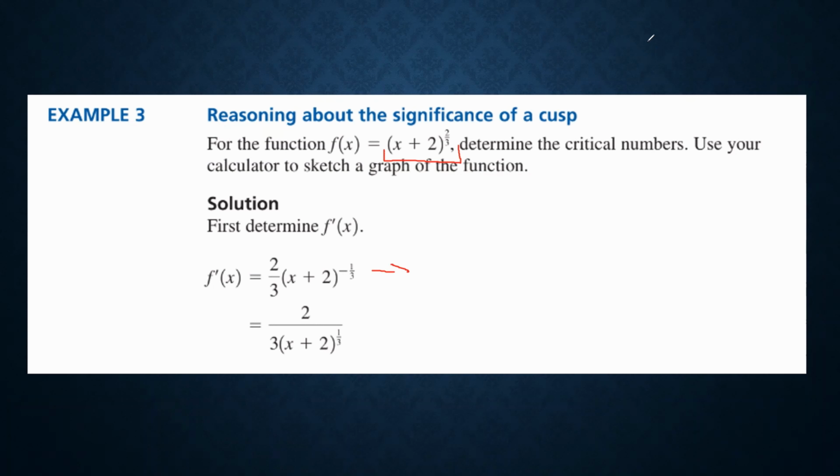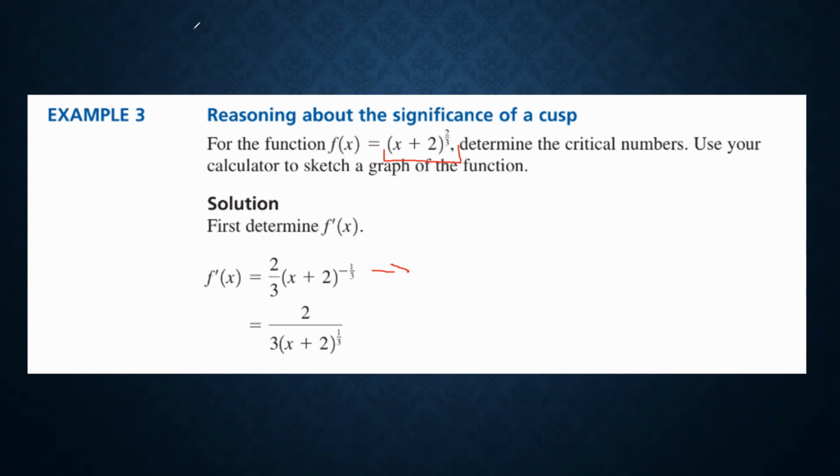So you'd use the chain rule. You put the 2/3 out in front, and then you subtract the power by 1. You get negative 1/3. You'd use your chain rule to get your g prime of x, which is 1. Multiply it, it'll be the same thing, so you don't have to write it out.